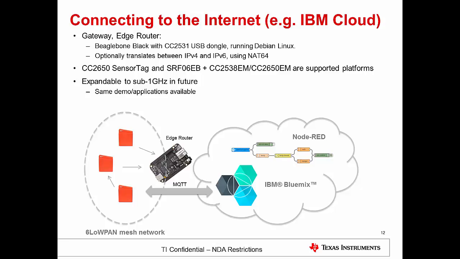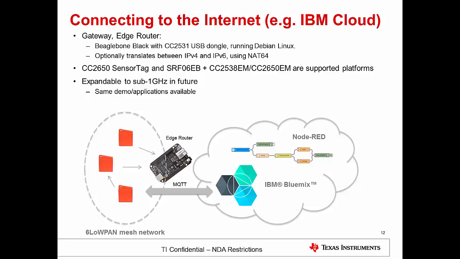From the TI off-the-shelf hardware perspective, you can realize the node functionality on the CC2650 SensorTag and CC2650 EMs along with the SmartRF06 baseboard, and in the case of CC1310, you will have to use CC1310 EMs along with SRF06 EB, which is the SmartRF06 evaluation board, the baseboard on which these EMs are mounted and eventually connected on the USB port.